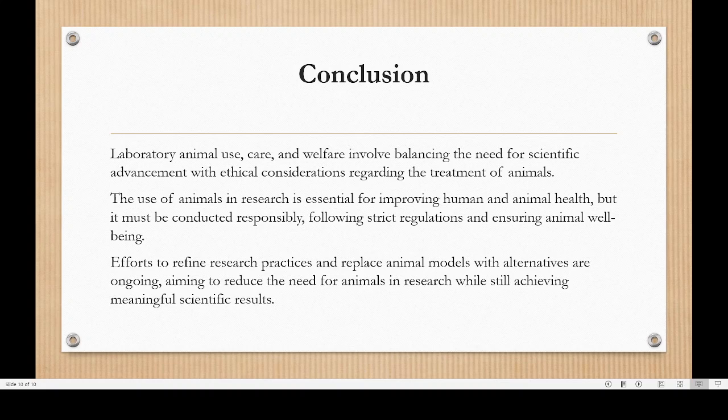Wherever possible, we have to reduce the use of live animals. The use of animals in research is essential for improving human and animal health, but it must be conducted responsibly, following the guidelines and regulations given by the government. Efforts to refine research practices and replace animal models with alternatives are ongoing, aiming to reduce the need for animals in research. Nowadays we don't always need to use animals because we have AI models.